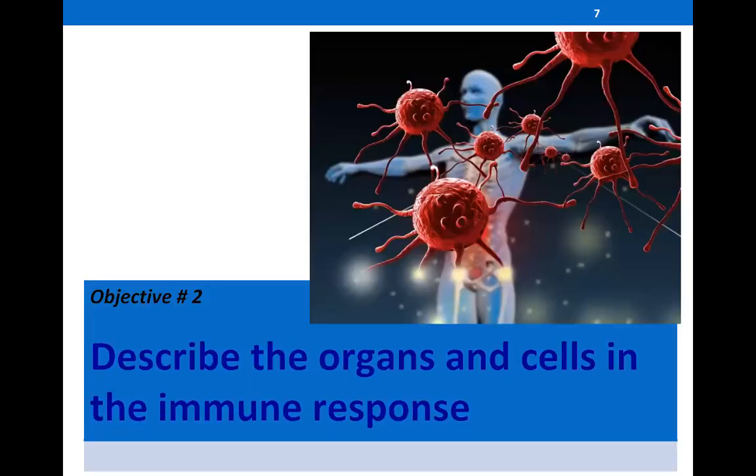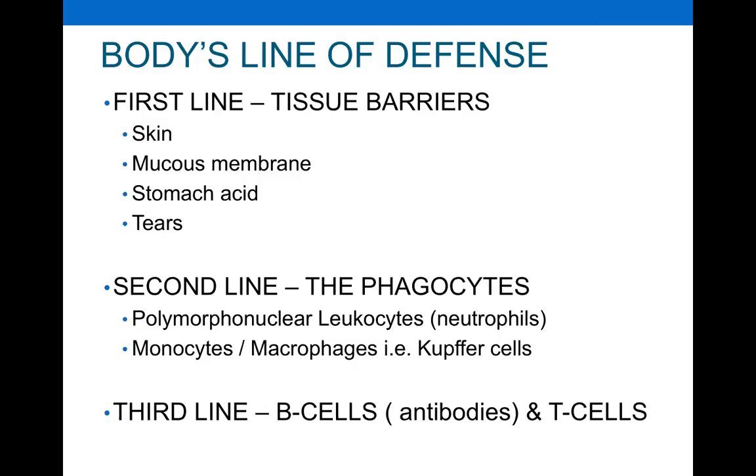Okay, the next objective is to describe the organs and cells involved in the immune system. We have three of the body's lines of defense: the first, the second, and the third line. The first line is generally the tissue barriers. These are the skin, the mucous membrane, the stomach acid, and tears.